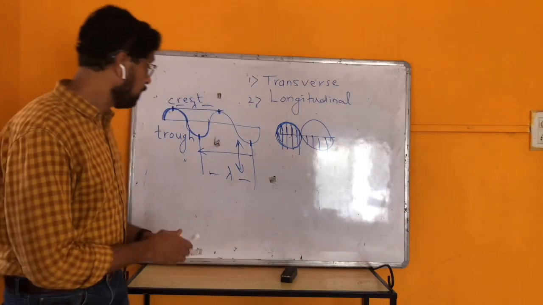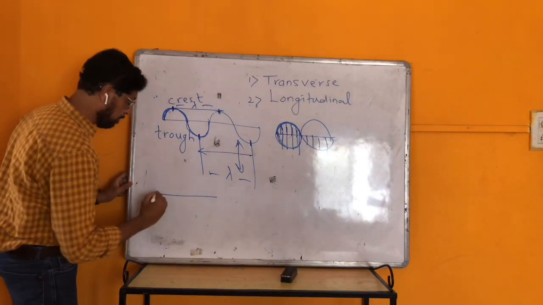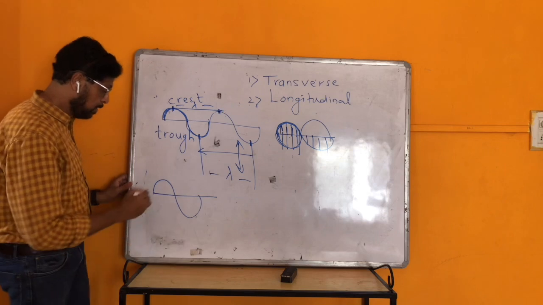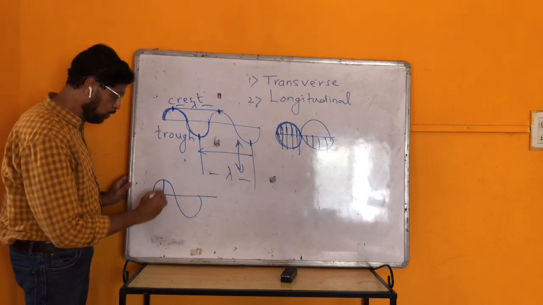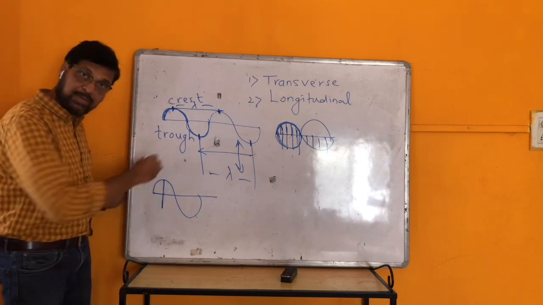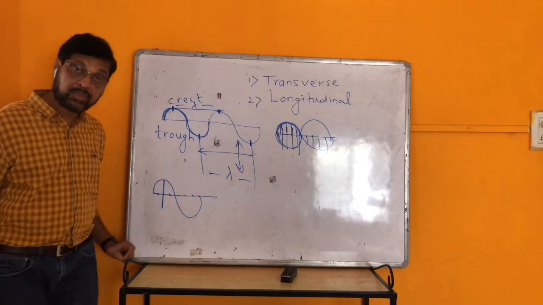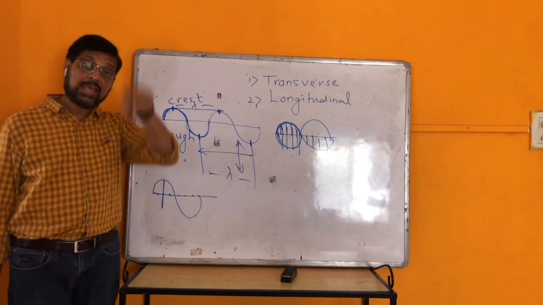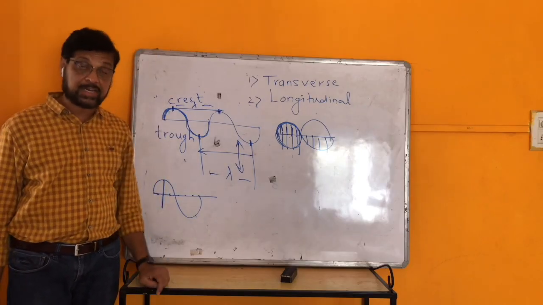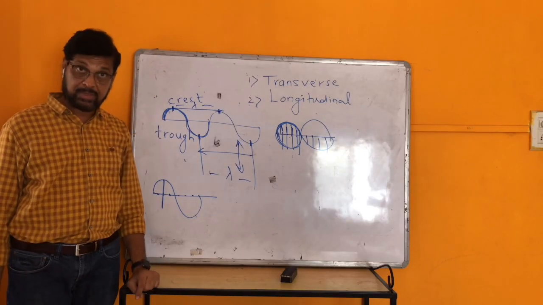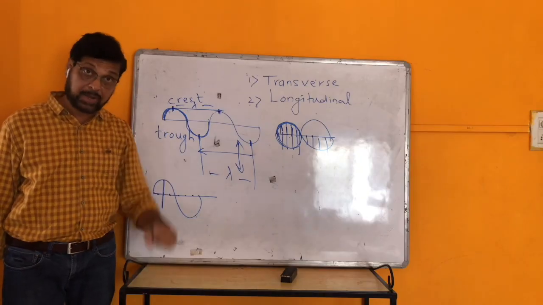Means what? Suppose if you consider this wave, प्रत्येक पार्टिकल कोणत्या मोशन मध्ये आहे? ऑसिलेटरी मोशन मध्ये आहे. प्रत्येक पार्टिकलला एक ऑसिलेशन पूर्ण करण्यासाठी तेवढाच वेळ लागेल. मीन्स पीरियड इज सेम फॉर एव्हरी पार्टिकल.